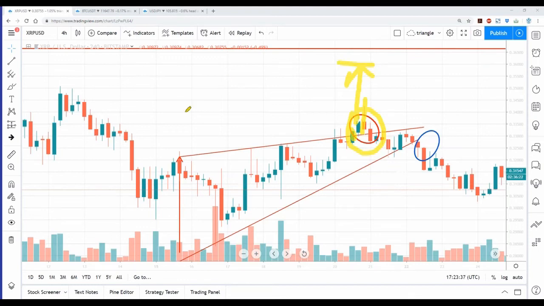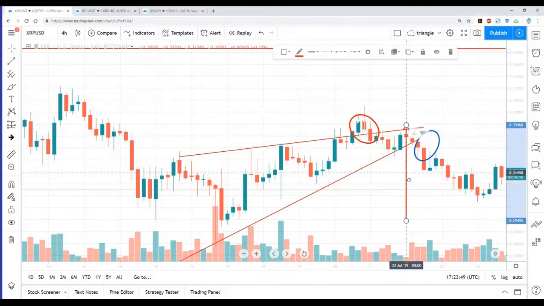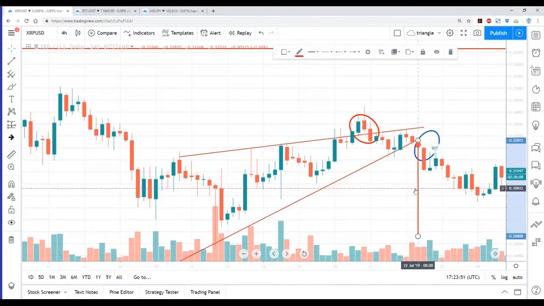Now, because this move is a sizable move, either way, it's a sizable move. Do we need to catch it at that one point?